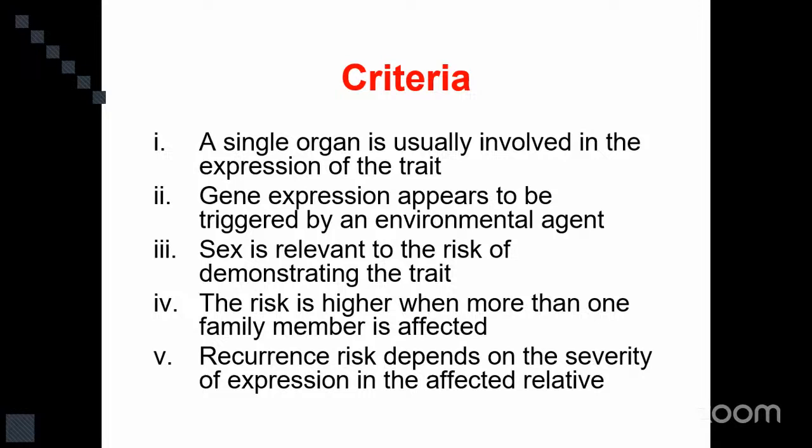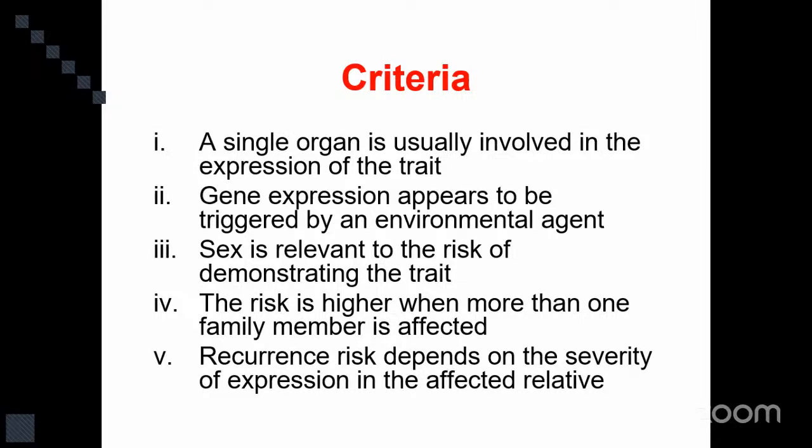The trait may be influenced by the sex of the individual, maybe more in females, maybe more in males. Then the risk is higher when more than one family member is affected. If more than one family member is affected, there is also a likelihood that other family members will be affected in the future. Then recurrence rates depend on the severity of the expression in the affected person.